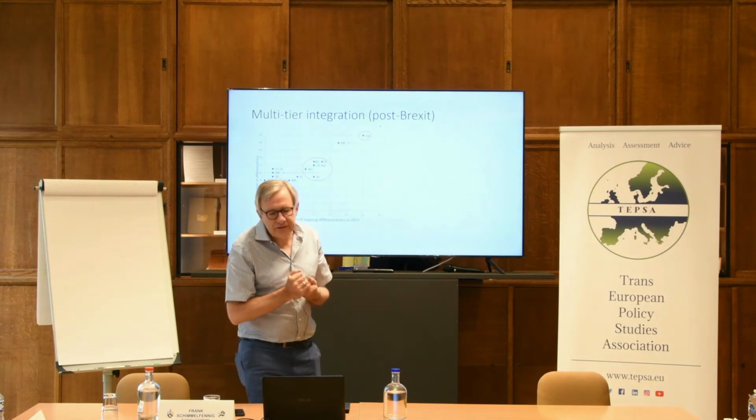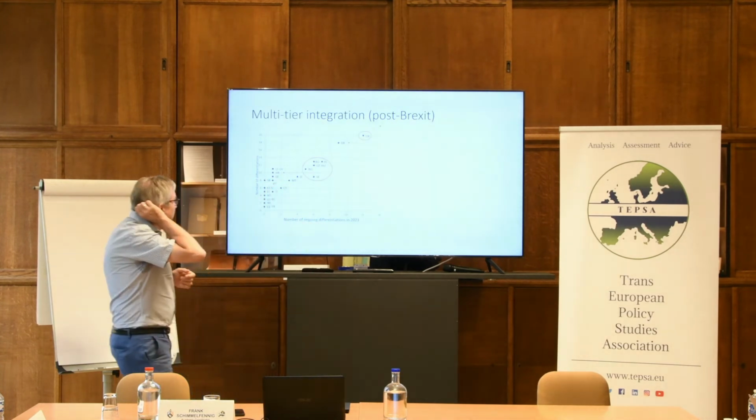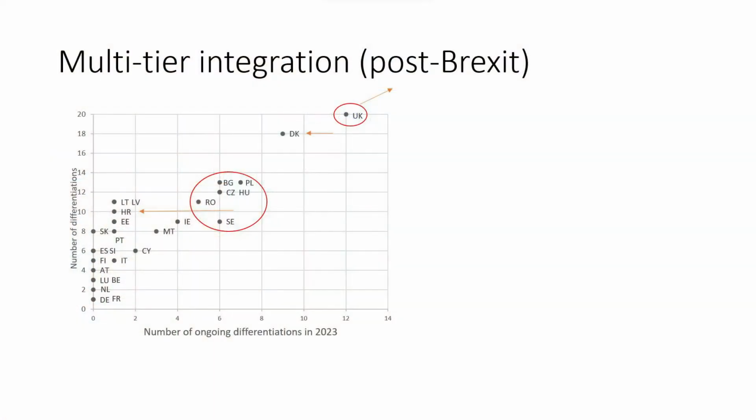Just wanted to show you how this looks post-Brexit. So of course one of the peripheral countries is now gone. That means indeed that maybe this three-tier structure will disappear over time.